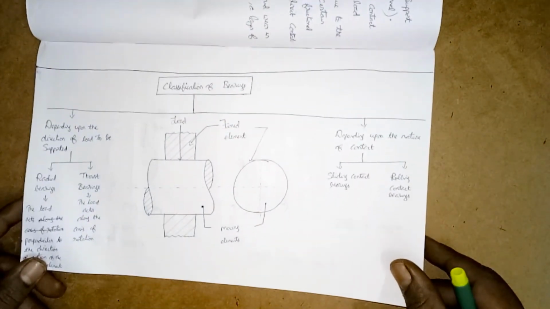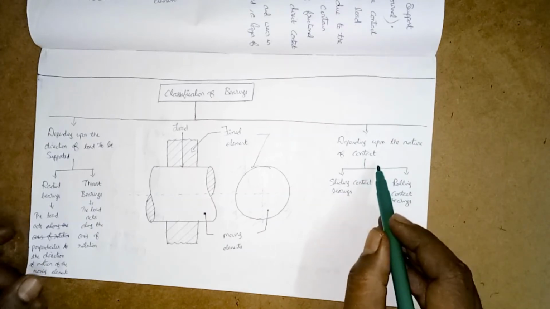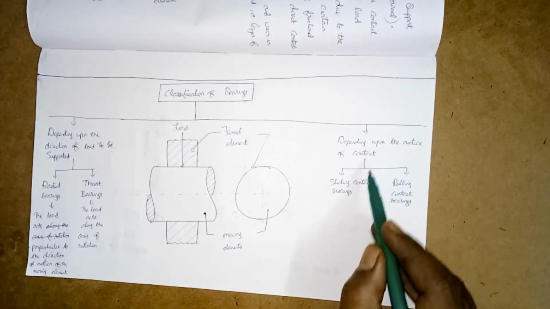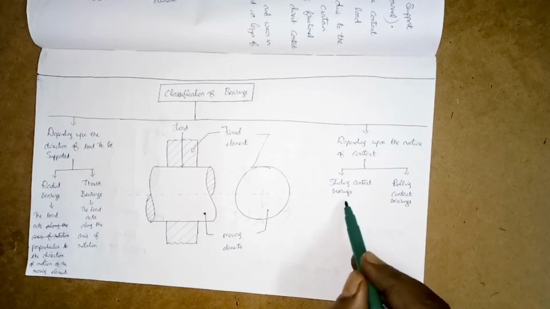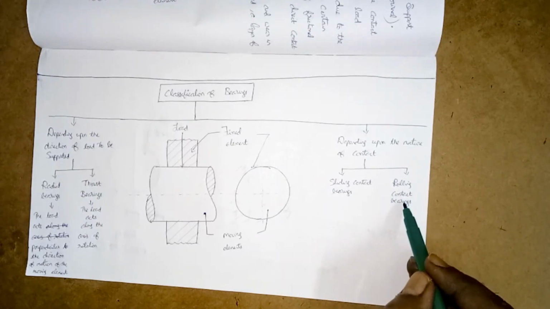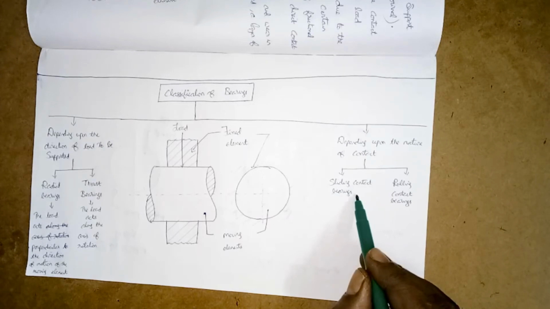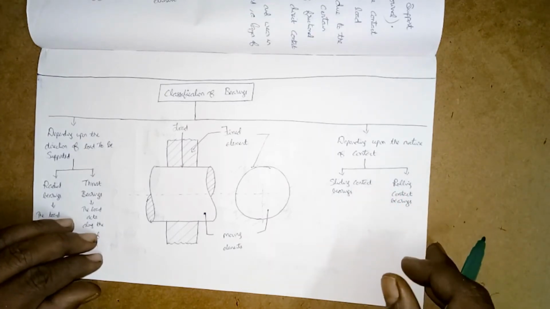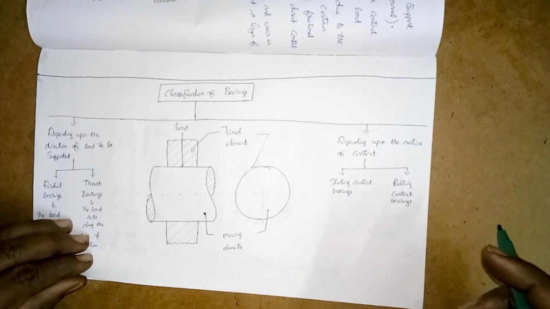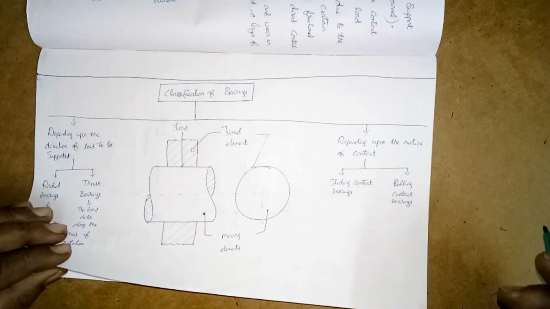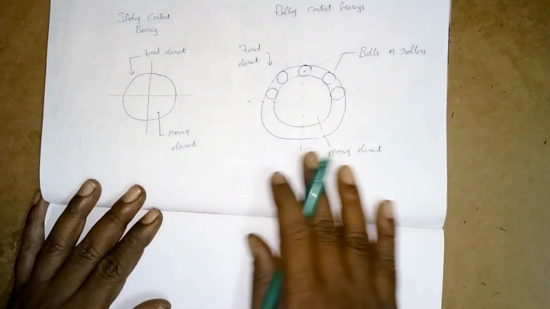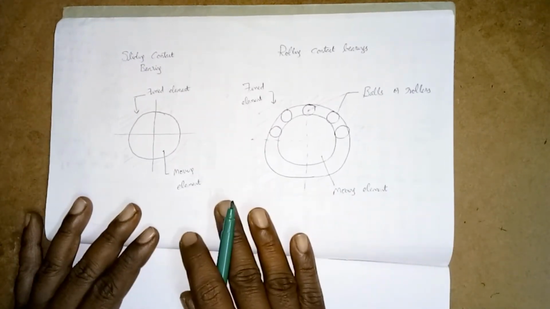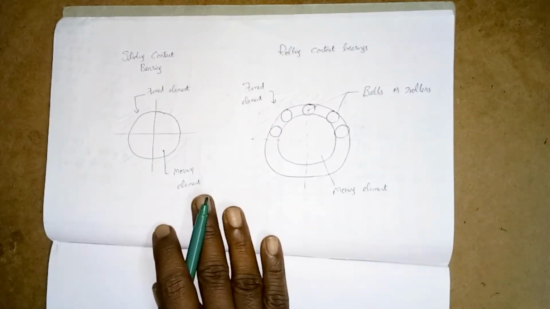Now depending upon the nature of contact, first is sliding contact bearings and second is rolling contact bearings. Each explanation we have to complete with diagrams, because the subject is Design of Machine Members 1, a design subject.